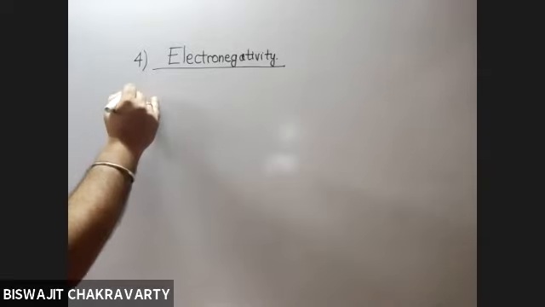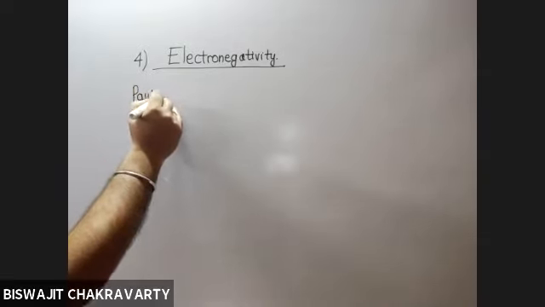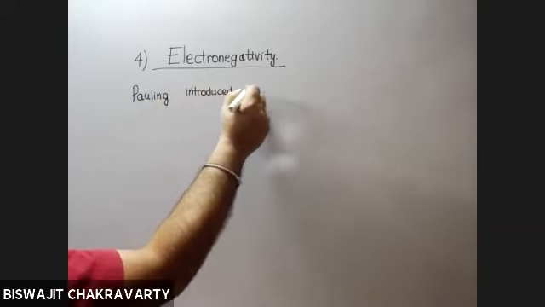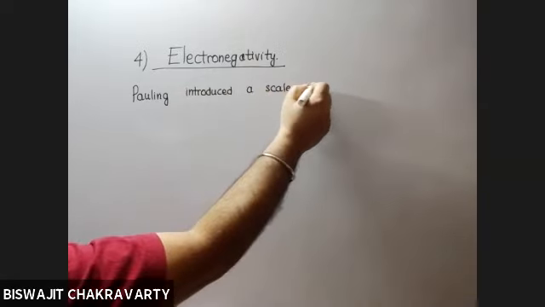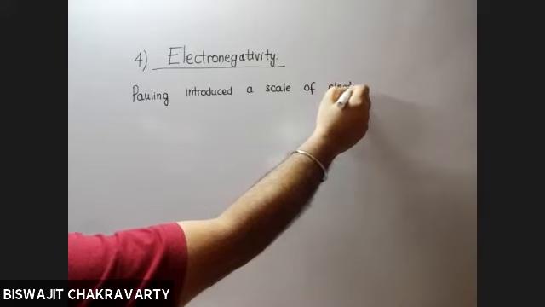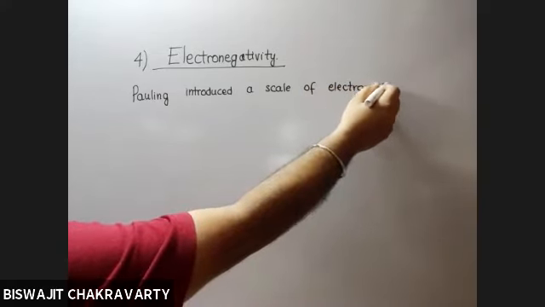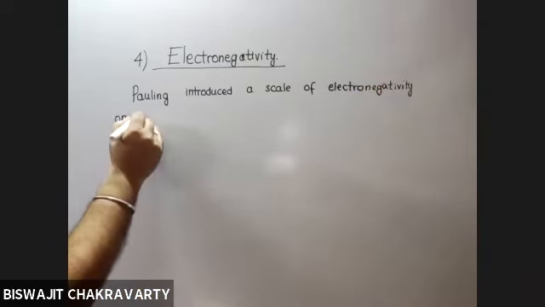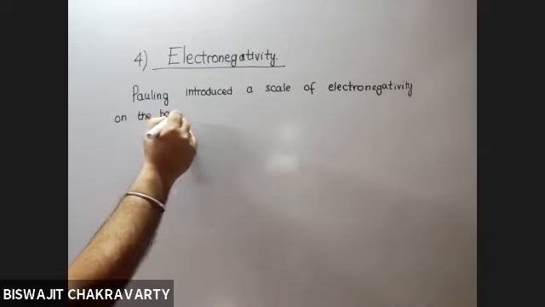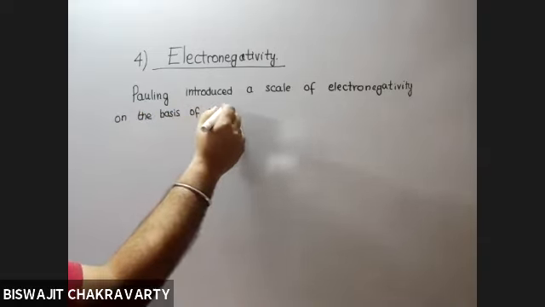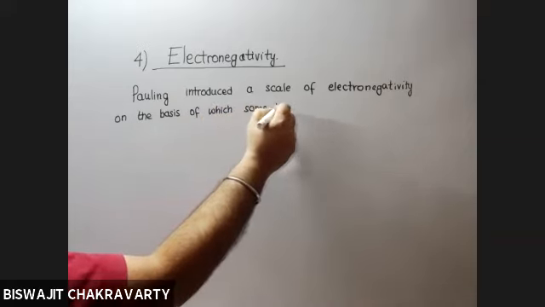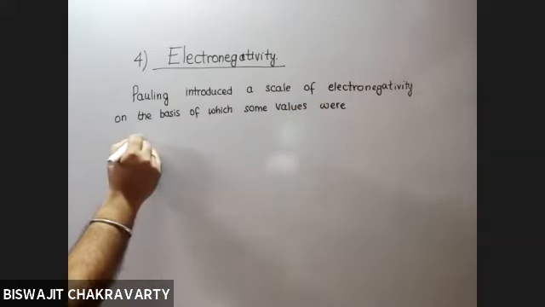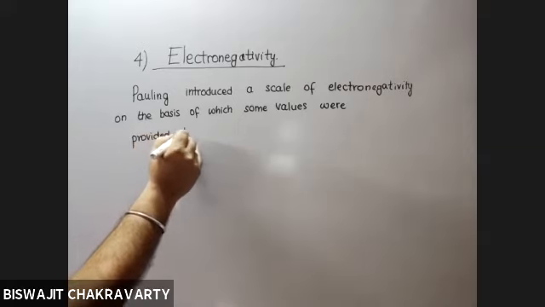But let me tell you that Pauling introduced a scale of electronegativity on the basis of which some values were provided to every element.